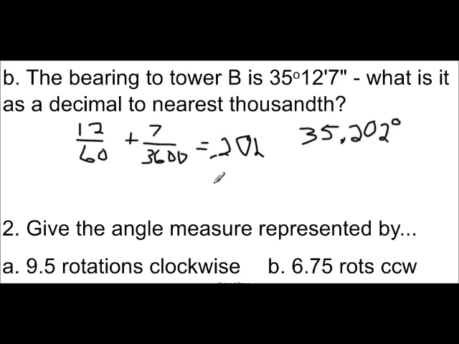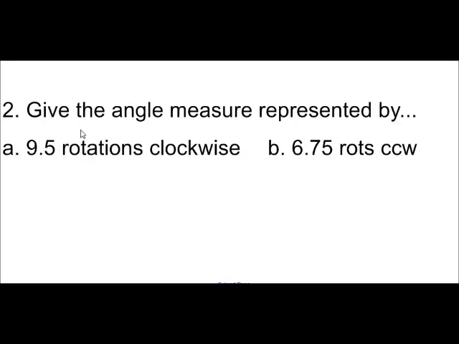So the next part of this is to give the angle measure represented by 9.5 rotations clockwise, 6.75 rotations counterclockwise. This is extremely easy. Remember that if you're going clockwise, we're talking within the coordinate plane. Clockwise is going to be negative. Counterclockwise will be positive.